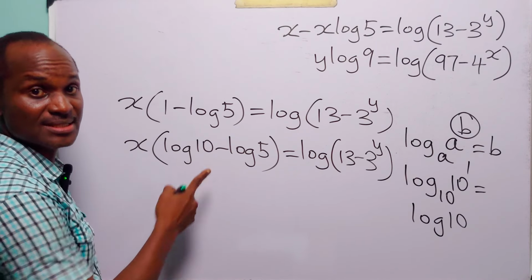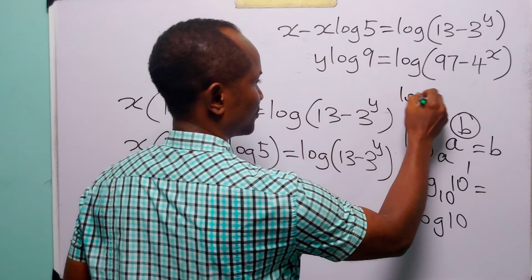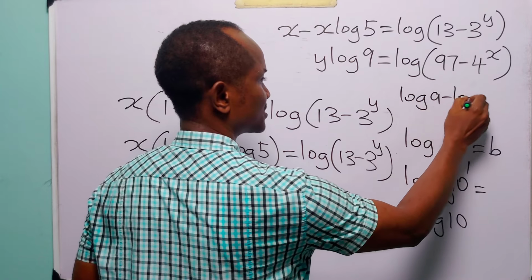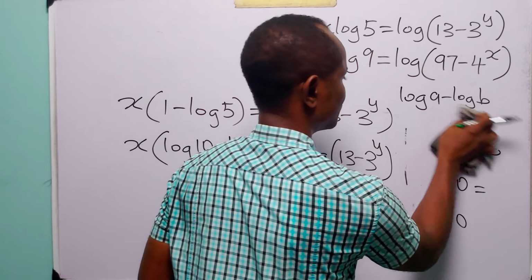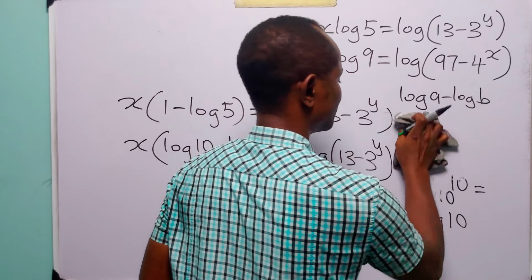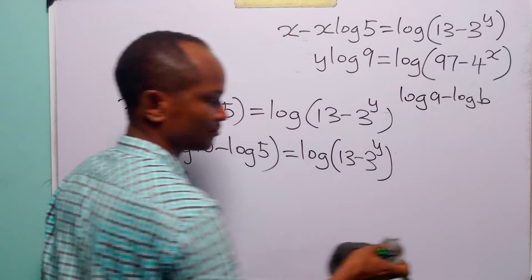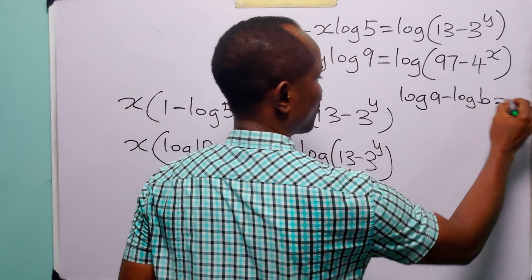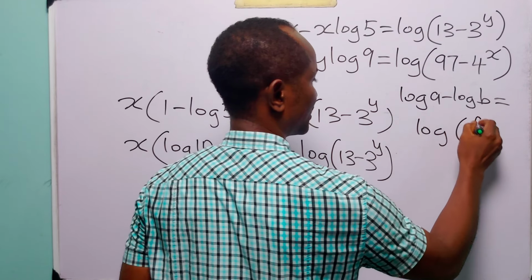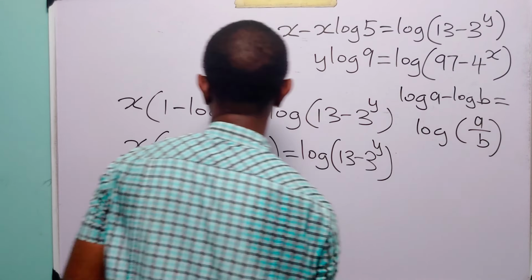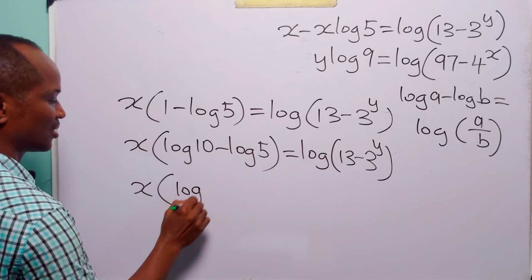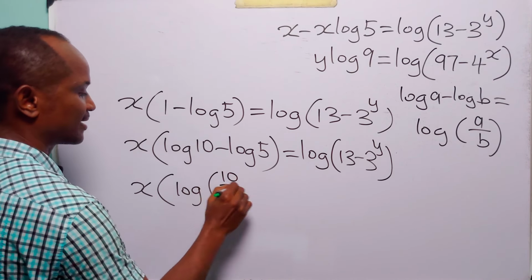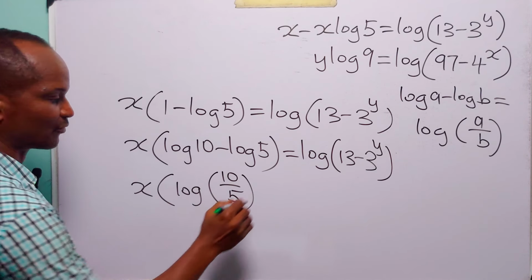Now, when you look at this, recall that log a minus log b is equal to log a over b. So that means that this can be written as log 10 over 5.